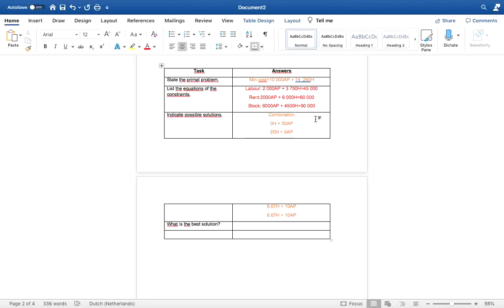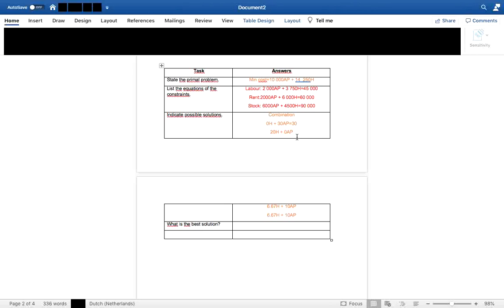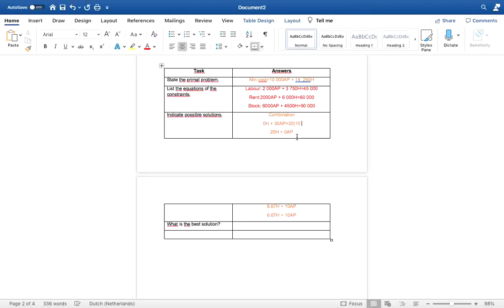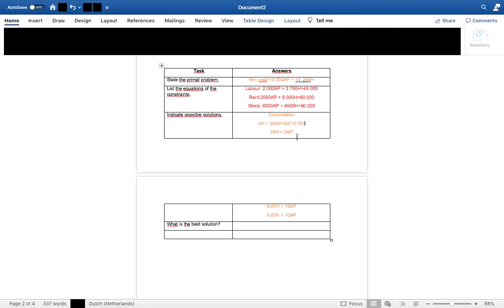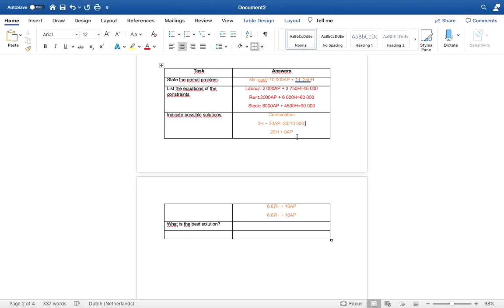Right, so these are the possible solutions, and then the values, when you substitute: remember it costs 10,000 to run Auckland Park, and it costs 14,250 to run Honeydew. So our solution here is going to be 30 times 10,000, which is equal to 300,000.